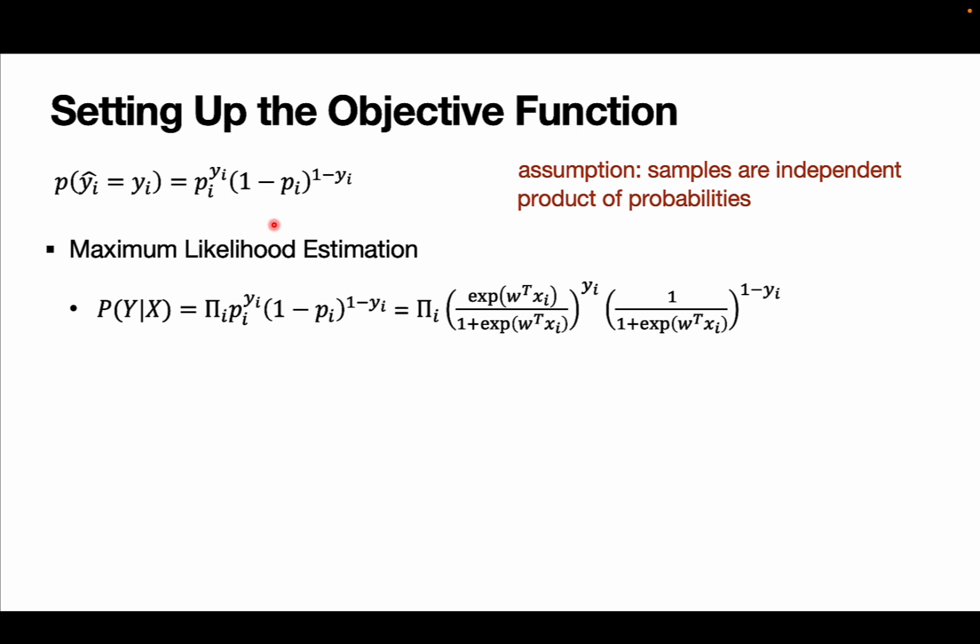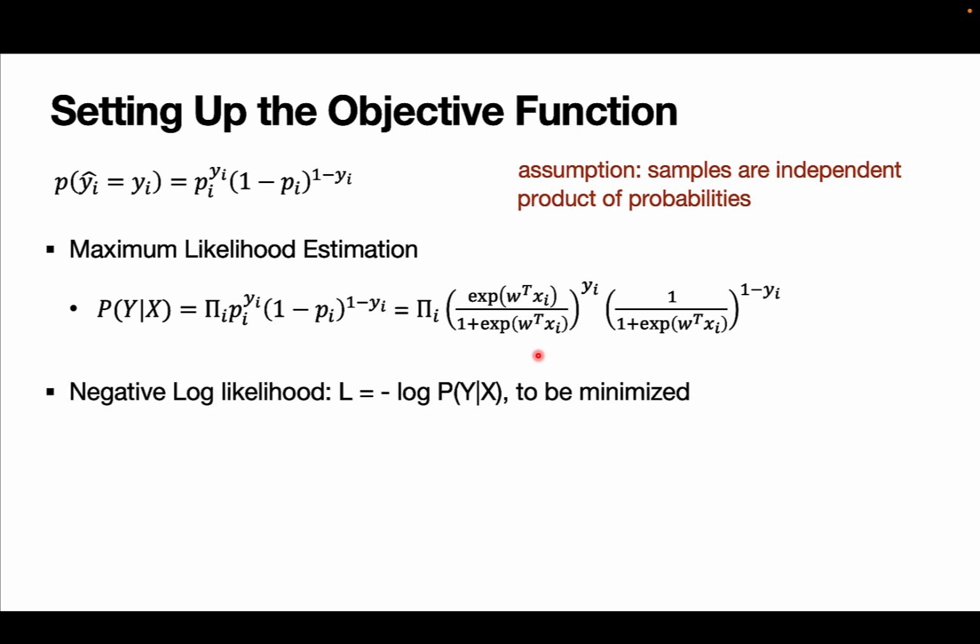Then, since we assume that our training samples are independent, the probability of the entire data set, the likelihood, is the product of the individual probabilities. We want to maximize the likelihood function to find the best model parameters, so we express our likelihood in terms of the logistic sigmoid function.